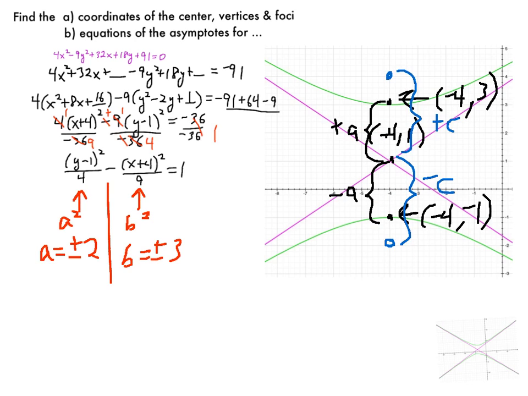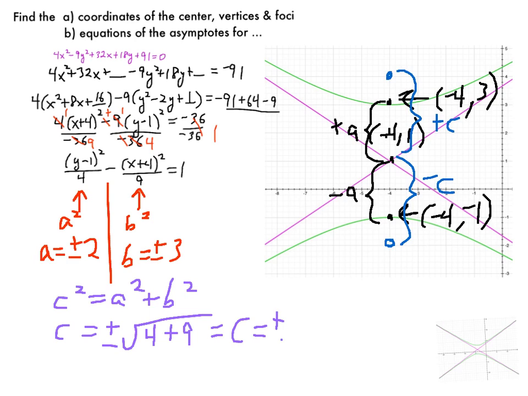We have c squared equals a squared plus b squared. Well, that means c is plus or minus the square root of, well, a squared was 4 and b squared was 9. So c equals plus or minus the square root of 13.